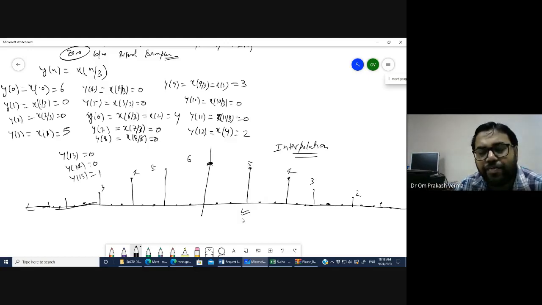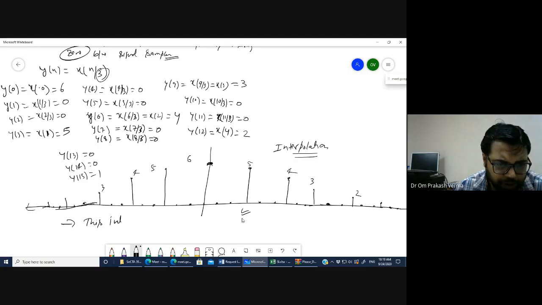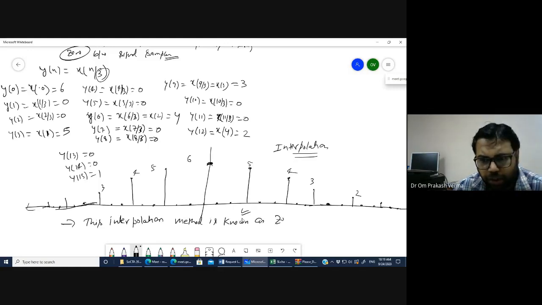Since we are inserting 0 in between the two signals, that depends on the value we are giving here, by which factor we are interpolating the signals. Since we are inserting 0, this method is known as zero interpolation.